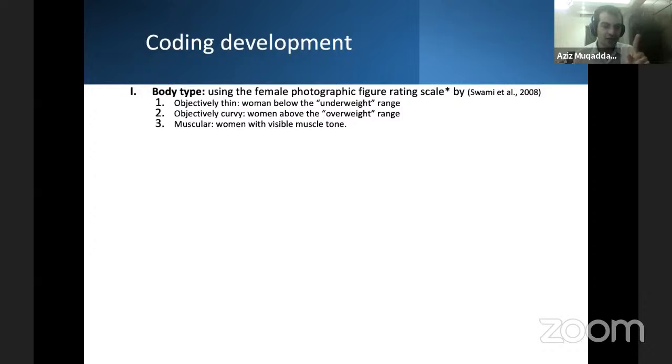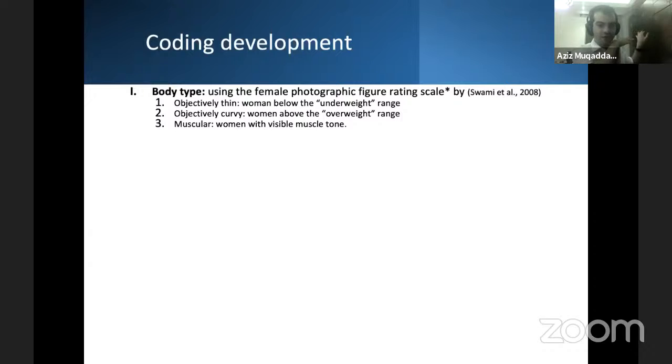And here's the trick: regardless of what you feel. Regardless of whether you personally as a coder think this is overweight or underweight, you just say we're using this scale and we're going to apply it uniformly, so we have consistent results. Remember when I said the quantitative approach is more about objectivity?